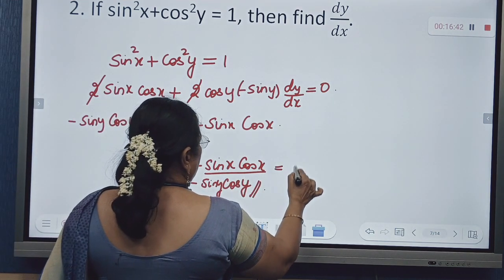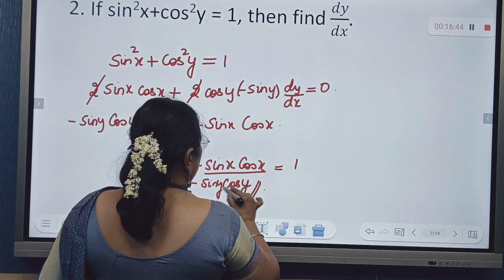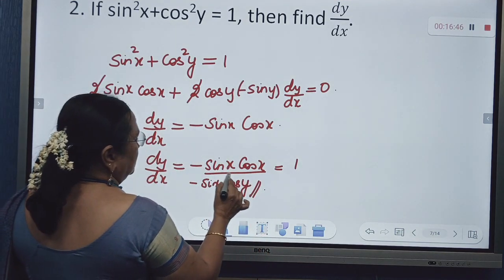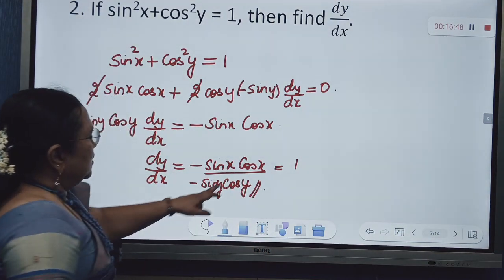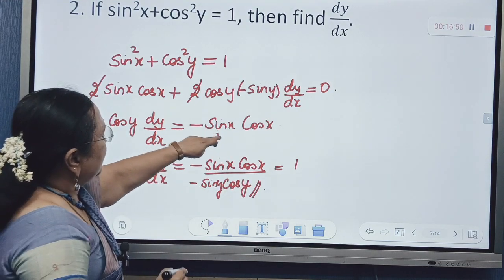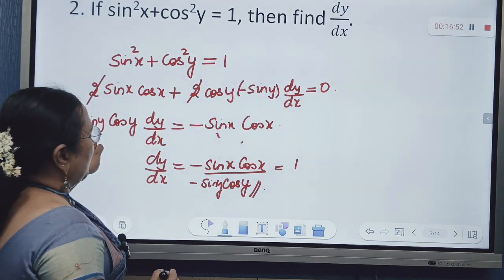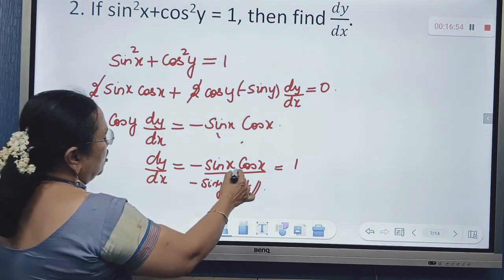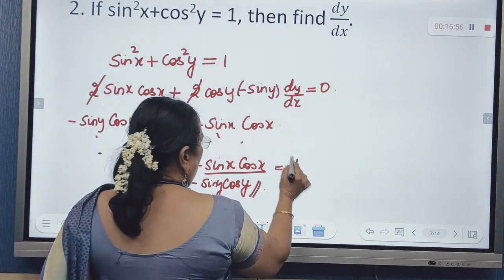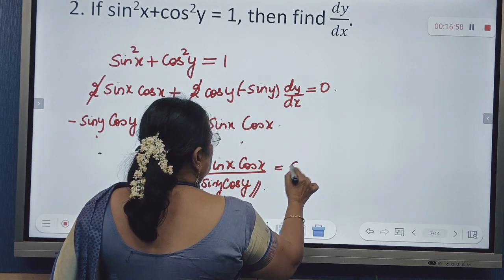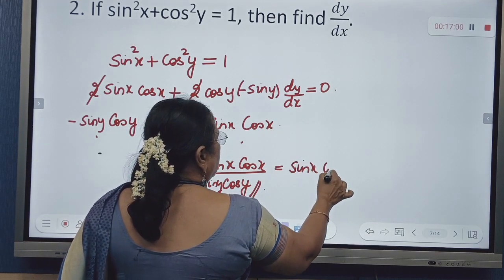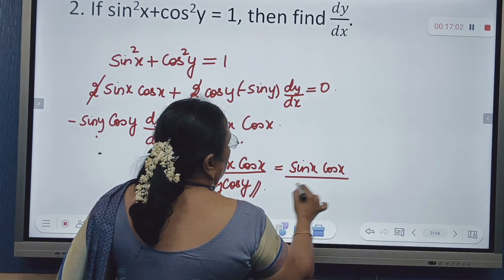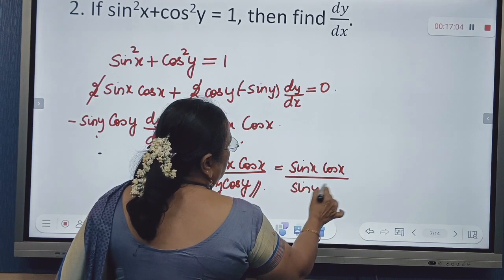So what will I get? Here I have sin x cos x, here I have sin y cos y. So I will get, both become positive, sin x cos x by sin y cos y.